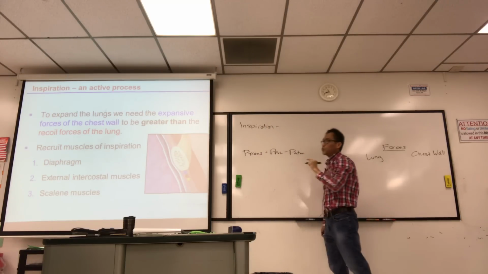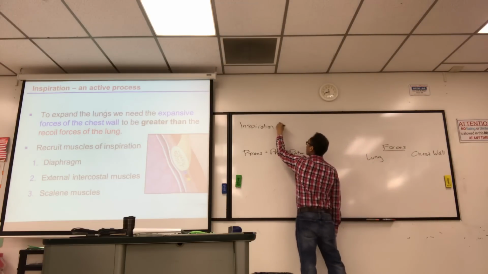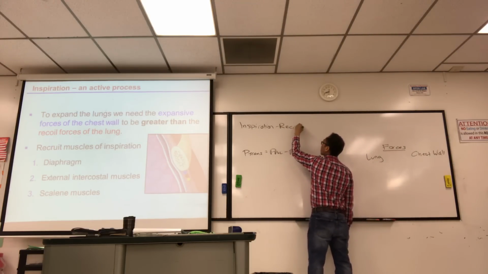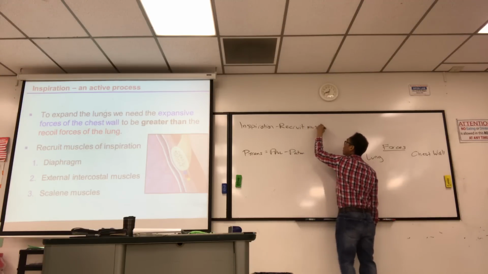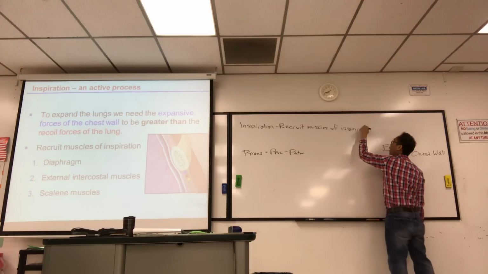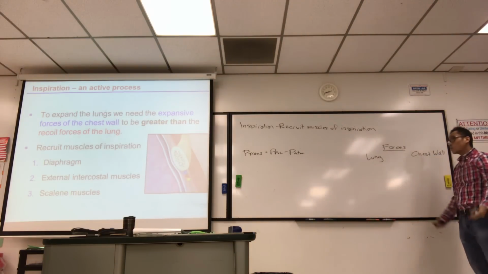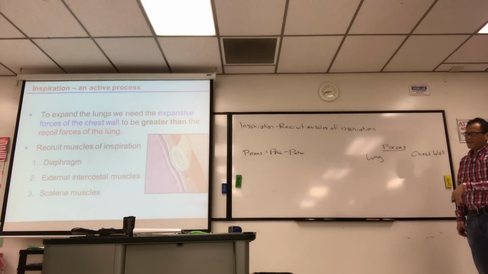You have to recruit muscles of inspiration, and I list them there. Diaphragm and external intercostals are the main ones. Scalenes, not so much. Really, the first two, diaphragm and external intercostals, are your main muscles of breathing.